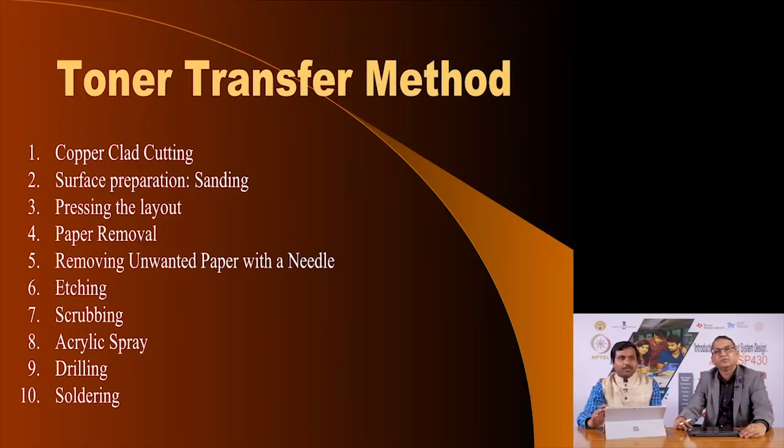After that, sandpaper can be used for sanding the surface for surface preparation. Then a layout will be pressed, so it is called pressing the layout. After that, paper will be removed. So, paper removal, then removing unwanted paper with a needle, then etching, then scrubbing, then acrylic spray, then drilling and soldering. So, these 10 stages are mainly required for the toner transfer method.